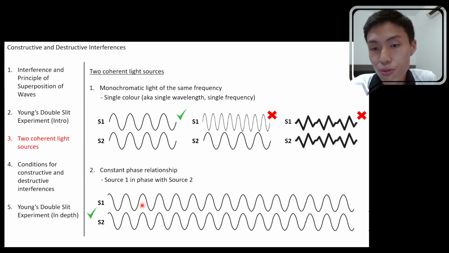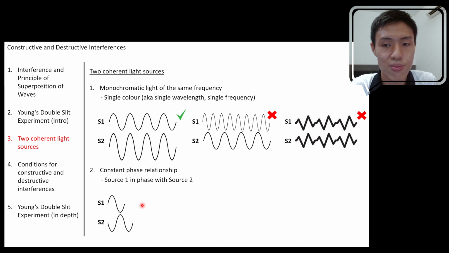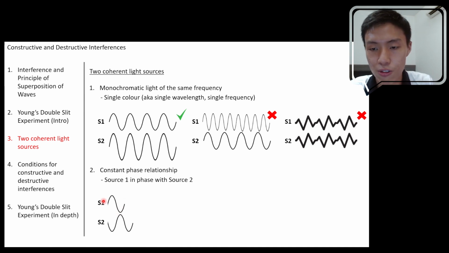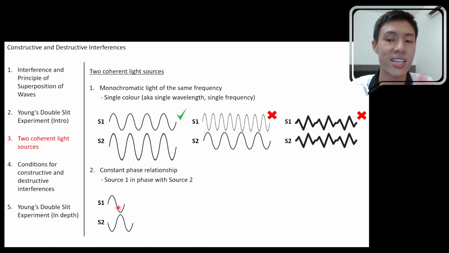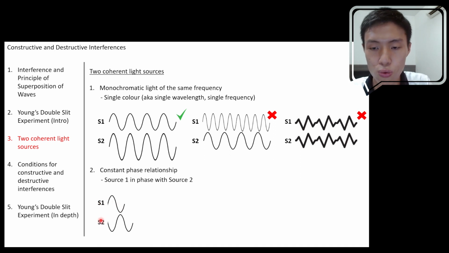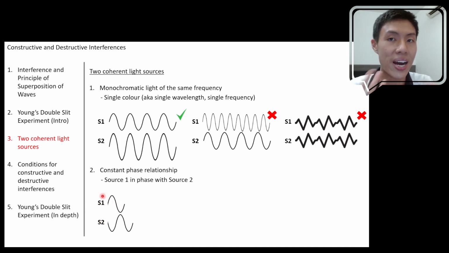You can also have a different kind of constant phase relationship. Let's say I have two light sources again, but this time, when a trough is emerging from one source, a crest is emerging from the other. When it's a crest for source 1, it's a trough for source 2. So they are not in phase at all. Technically, they are anti-phase, and the phase relationship is that source 2 is leading source 1 by pi radians.